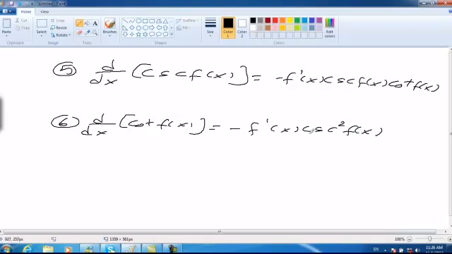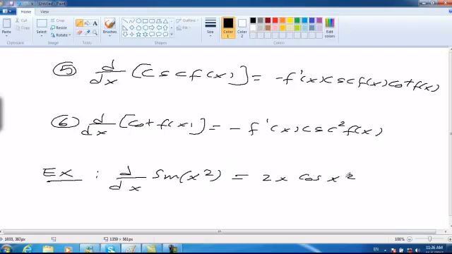Some examples for the derivative of trigonometric functions. Example 1: d by dx sine x square equals the derivative of the angle, 2x, and the derivative for sine, cosine x square.